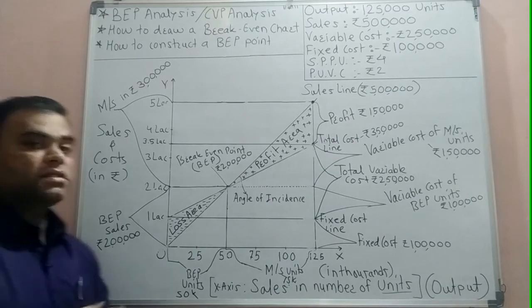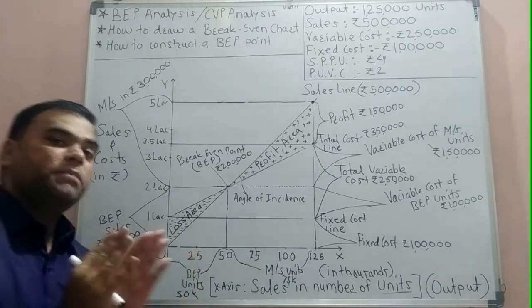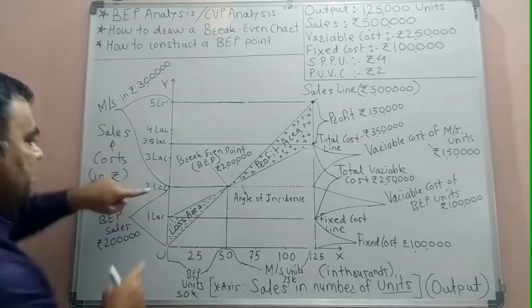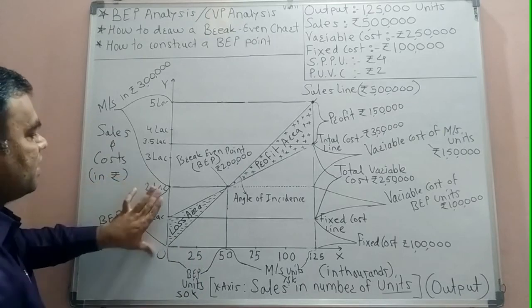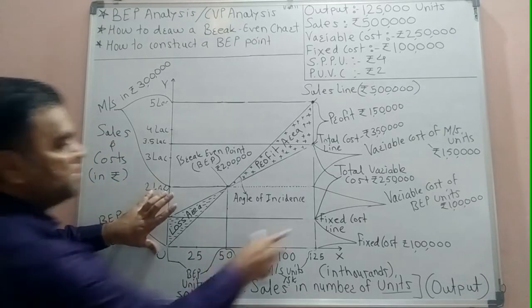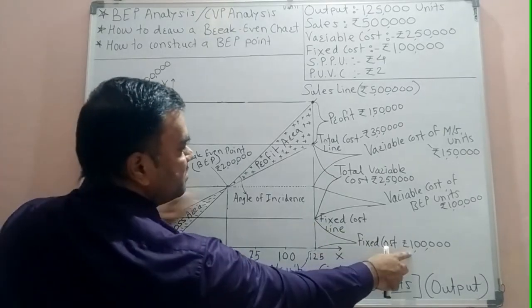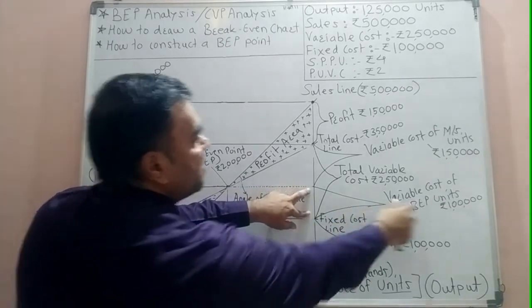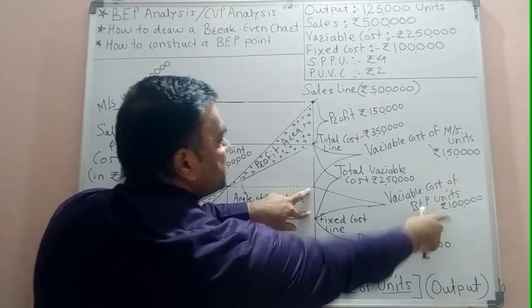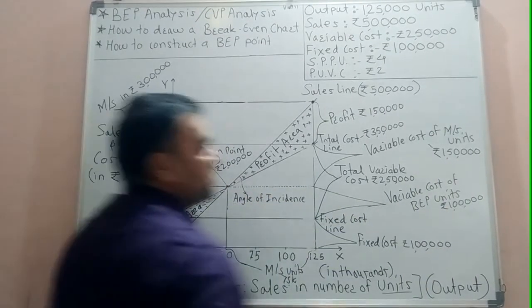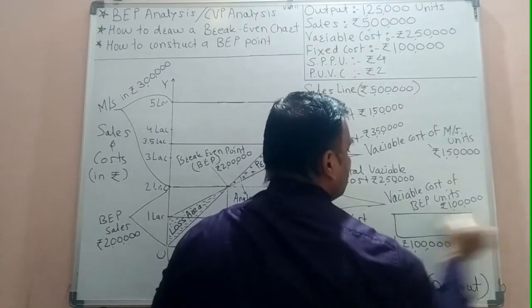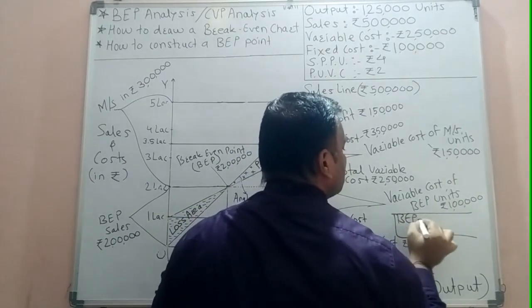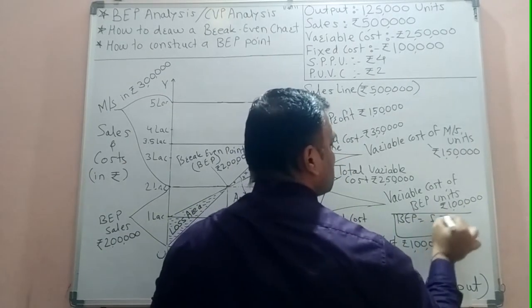Now we are going to understand the contents of BP sales. Your BP sales is 2 lakh. So what are the contents of BP sales? Fixed cost 1 lakh and variable cost of BP units 1 lakh. What does BP include?